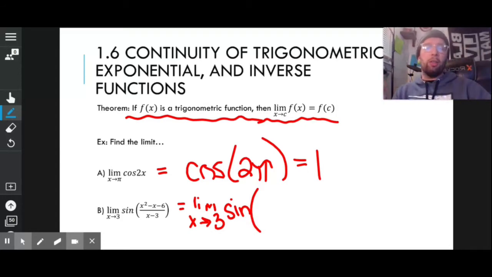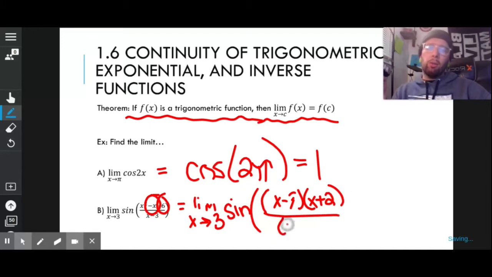If I factor out the top, remember you're looking for two numbers that add up to -1 and multiply out to -6. Those two numbers give us x minus 3, x plus 2, sorry about the bad handwriting, over x minus 3. That'll cross out.